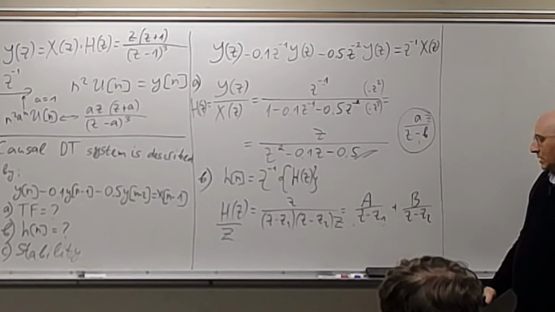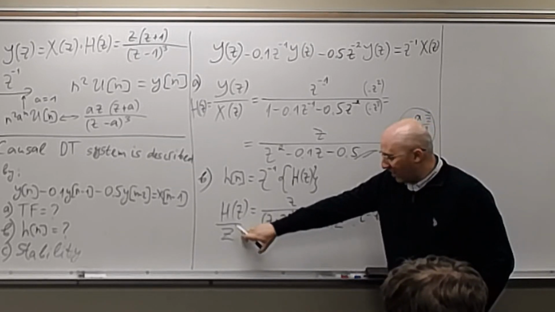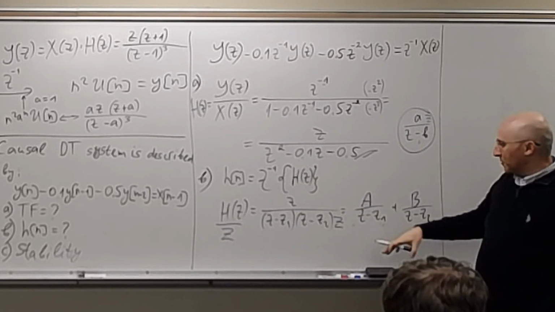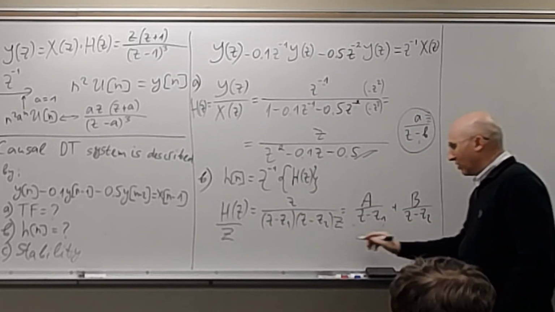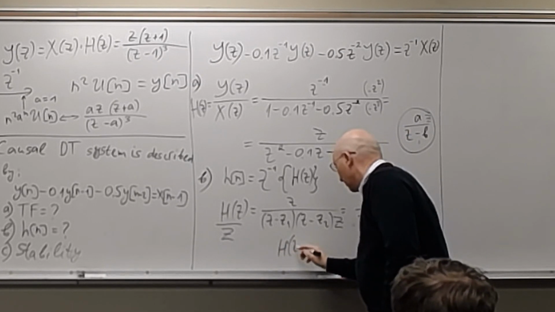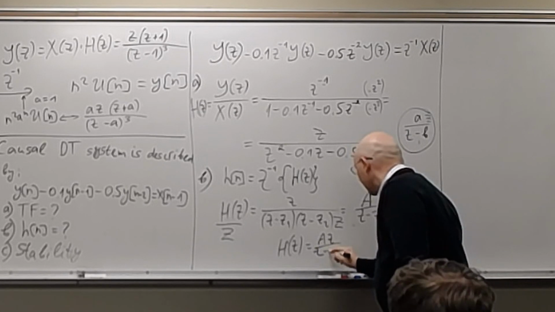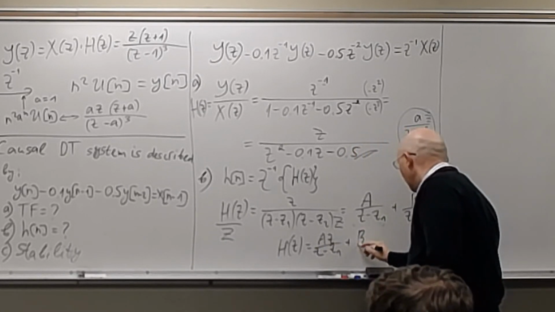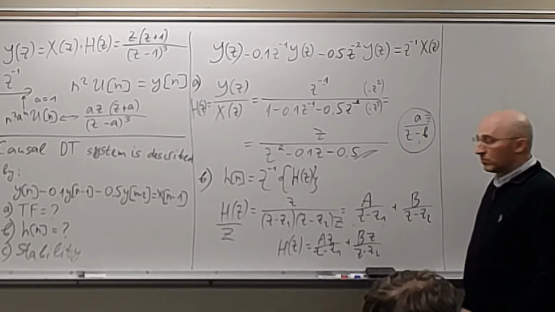Okay? Now, if you have that kind of expansion, so you wrote H of Z divided by Z, whatever it is, as those two things, you can get back by just writing that H of Z equals AZ divided by Z minus Z1 plus BZ divided by Z minus Z2, right?